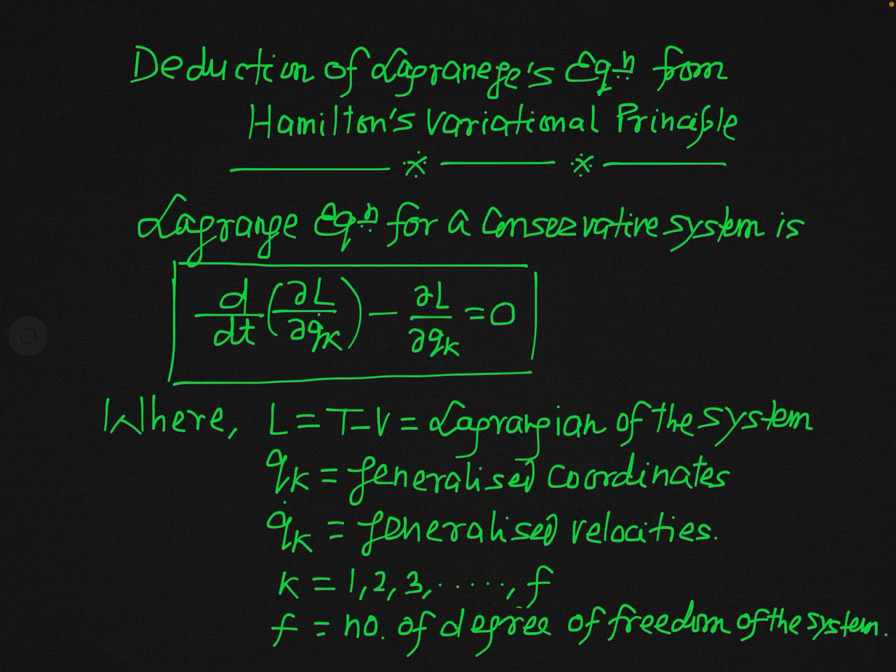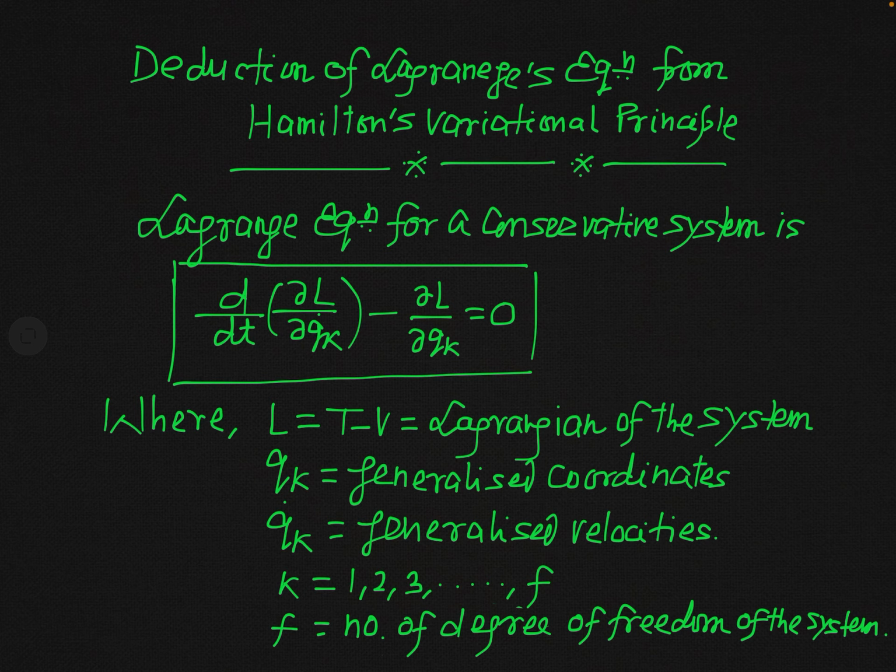So it is possible to deduce this Lagrange equation for a conservative system from Hamilton's variational principle, because this principle is applicable for conservative systems, and we want to derive the Lagrange equation for a conservative system. We can easily derive it from Hamilton's variational principle.